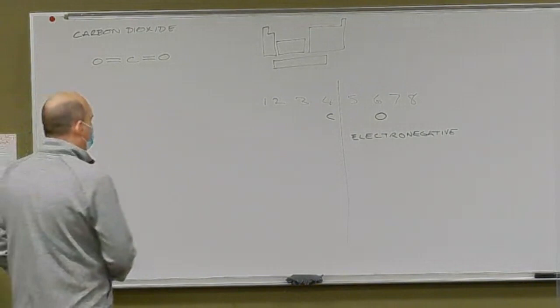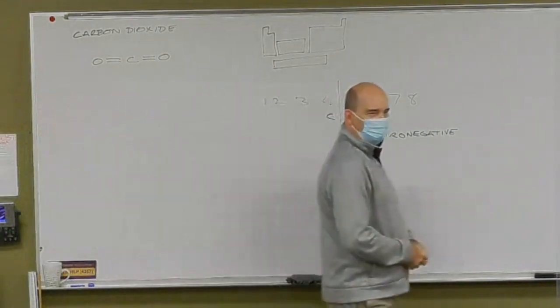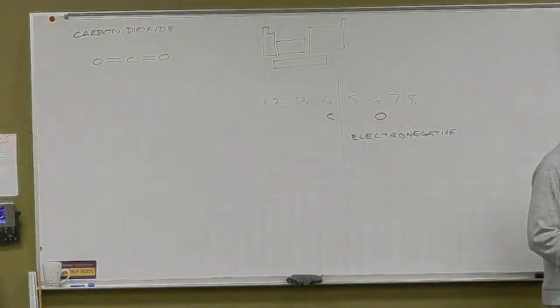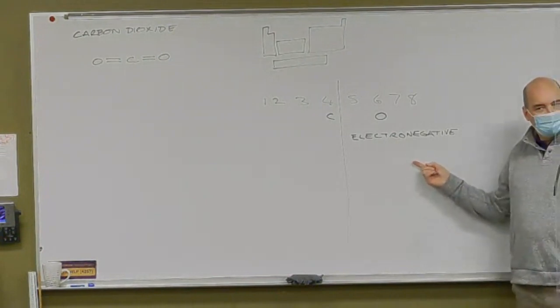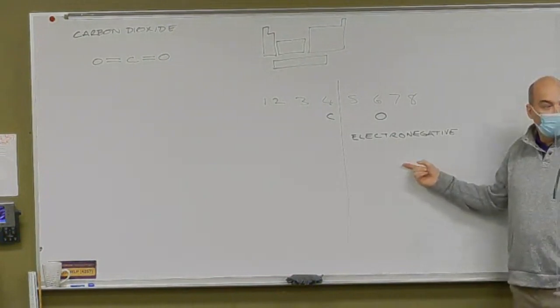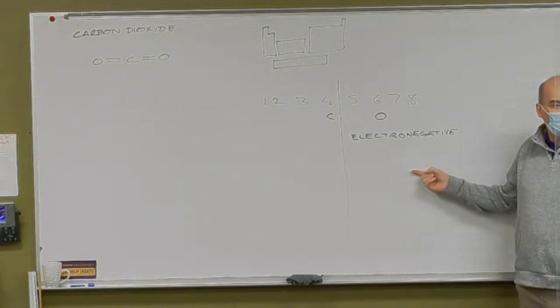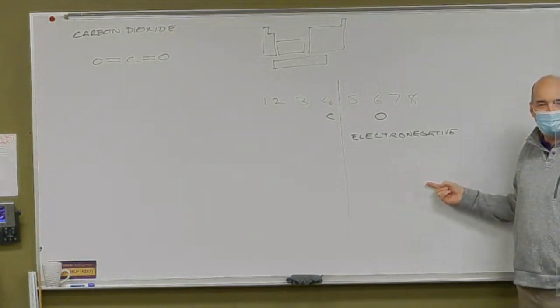What is electronegativity? Electronegativity is in the chemical bond. This side of the periodic table pulls electrons towards itself.